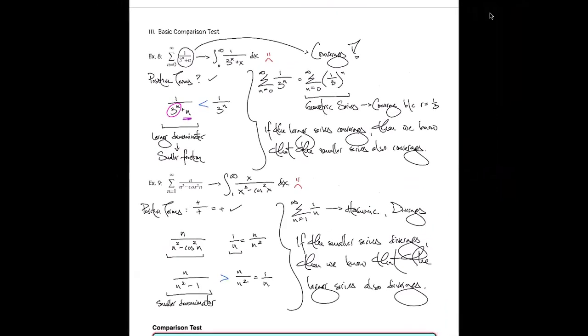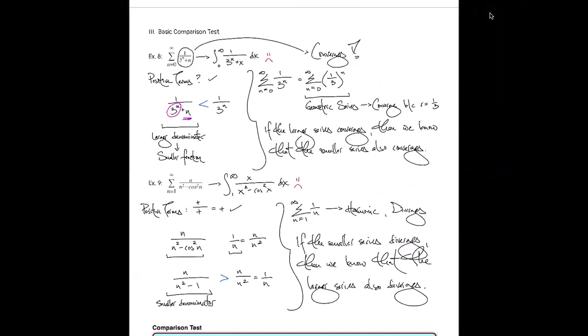So the behaviors match on both cases? Yes, as long as the larger one converging means the smaller one converges. But if you saw a smaller one that converges, it does not tell you that the larger one converges. That makes sense? Okay.